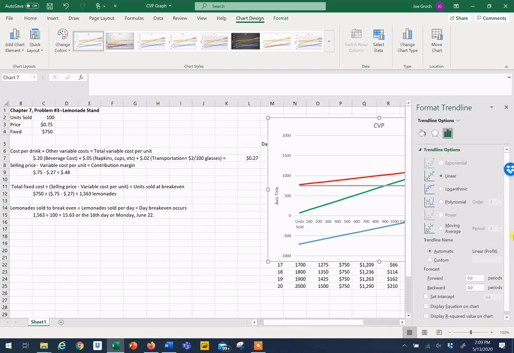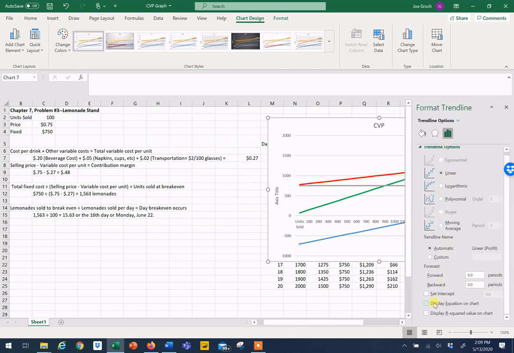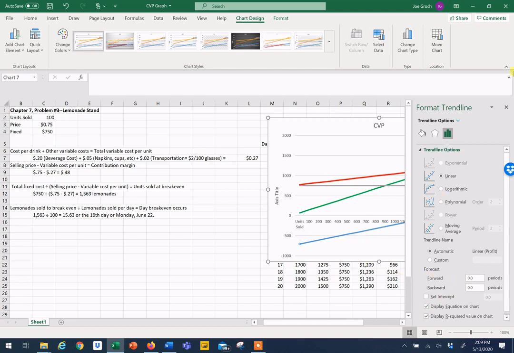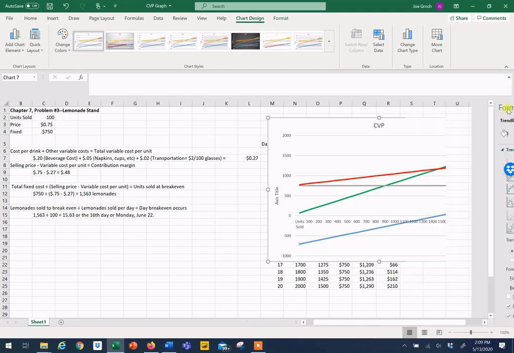I'm going to get a pop-up of all of these different options here. I'm just going to show you this real quick. If I put display equation on the chart and display the R squared value, all right, and then close this out so we can take a look at it.